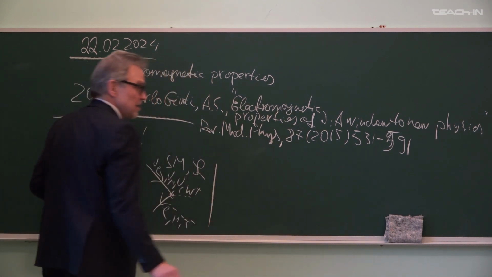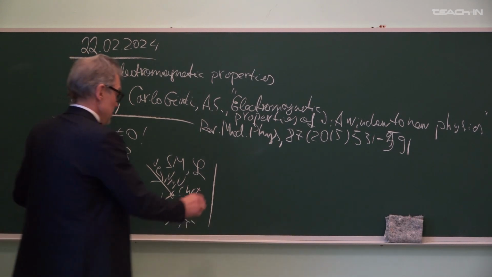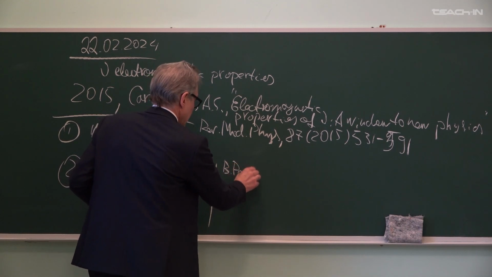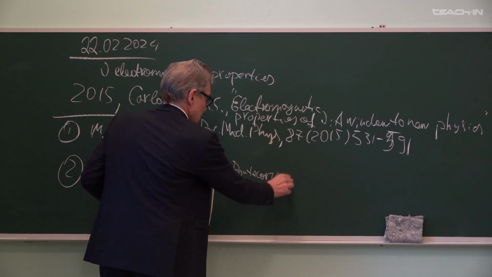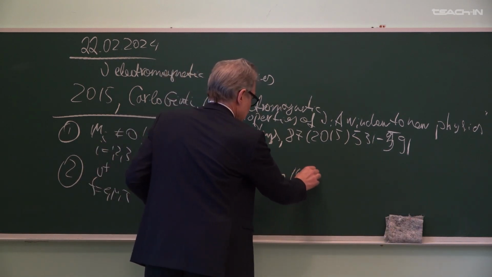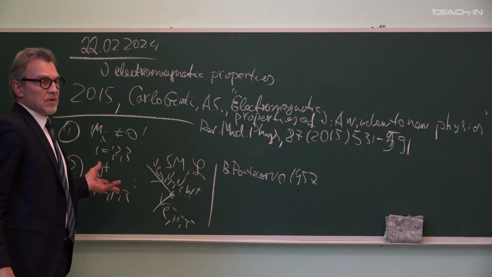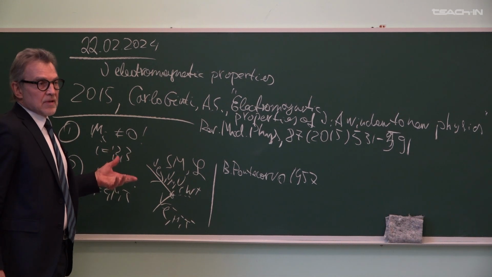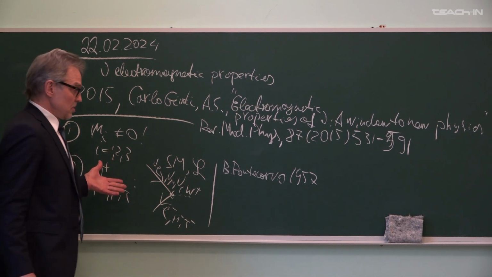According to the idea first formulated by Bruno Pontecorvo in 1957, there is a mixing between different types of neutrinos. At the time, there was no notion of different types of neutrinos.